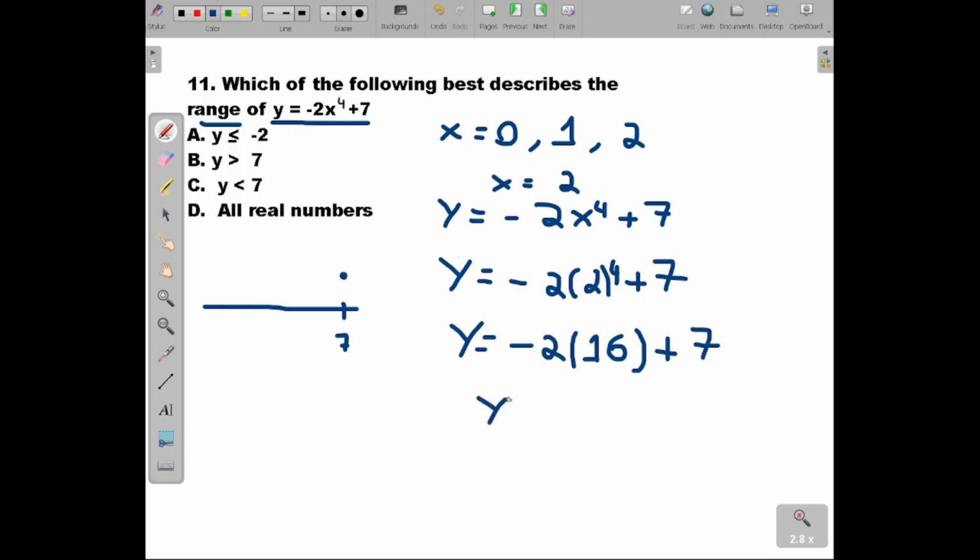So y is equal to negative 2 times 16 is negative 32, plus 7. So y is equal to negative 32 plus 7 is negative 25.